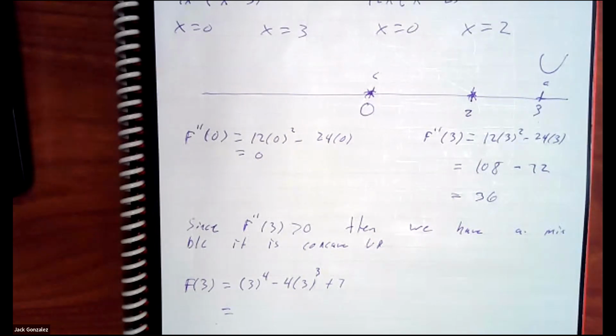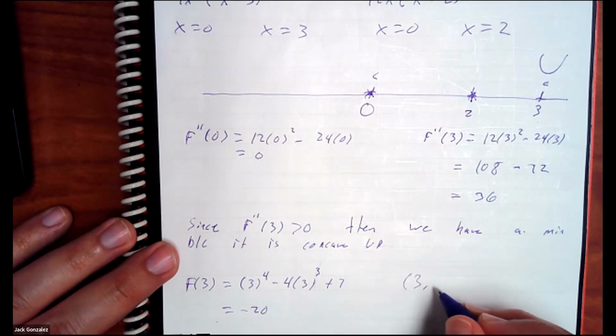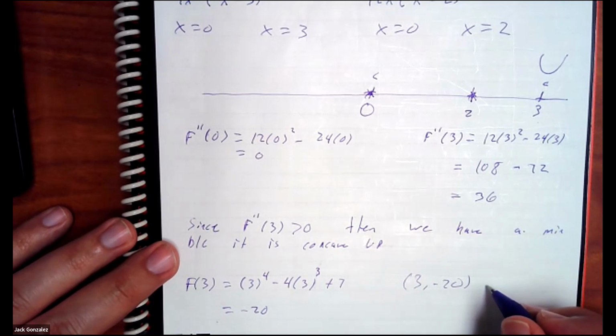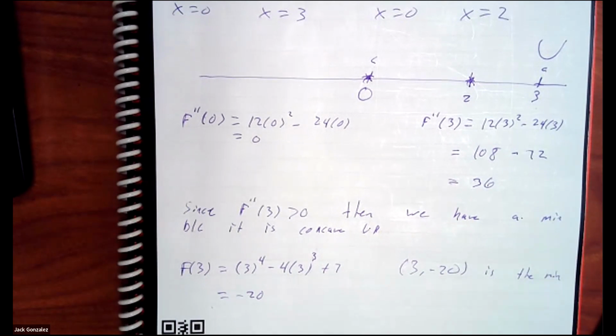Negative 20? Yeah, that's right. So 3 comma negative 20 is the minimum, or local. Yeah, it's the relative extrema.